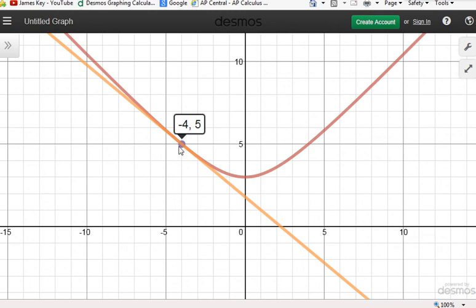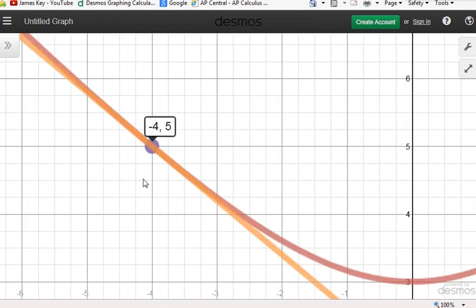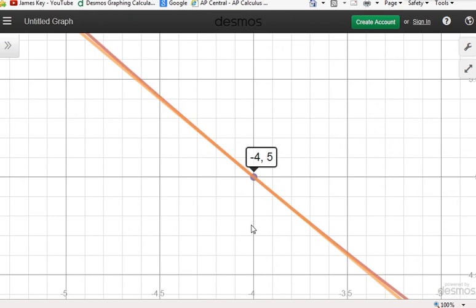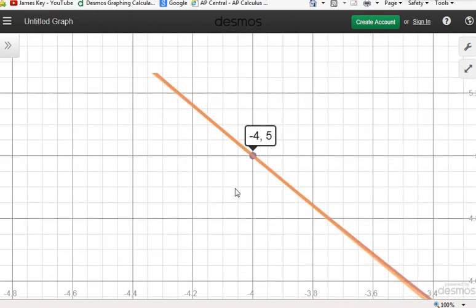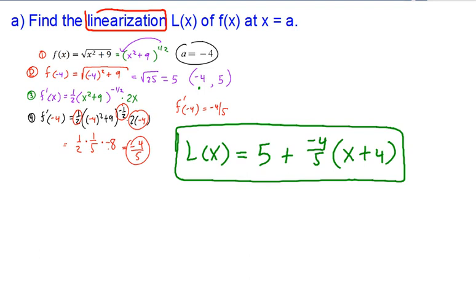And notice that that is hitting the target point, and it does appear to be tangent to the given curve. So that's awesome. All right? Notice as I zoom in, the tangent line and the curve are almost indistinguishable as long as you're close to the target point, which shows that the line is really a good approximation for the curve near that point. But how good is it?